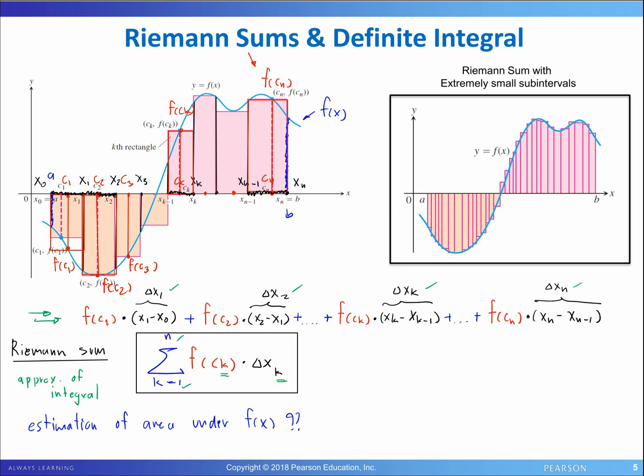Let's take a look here. This is going to be true under some condition, and it's going to be wrong under another condition. What you see right here in the sum is the function value, and we use this as the height of the rectangle. So this is the height, and delta x right here is the base.